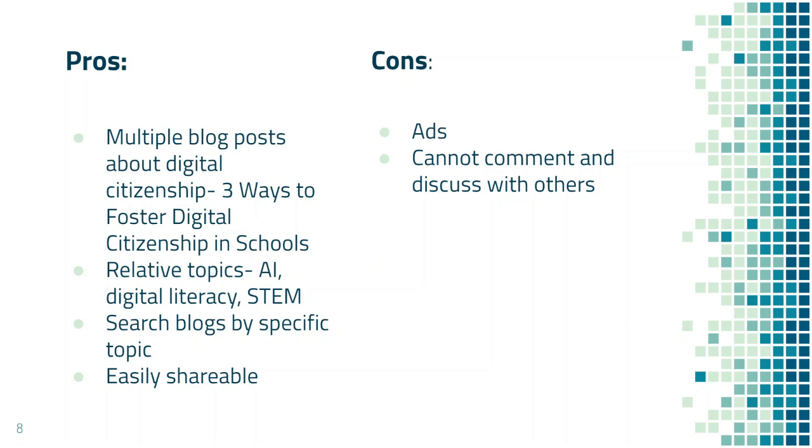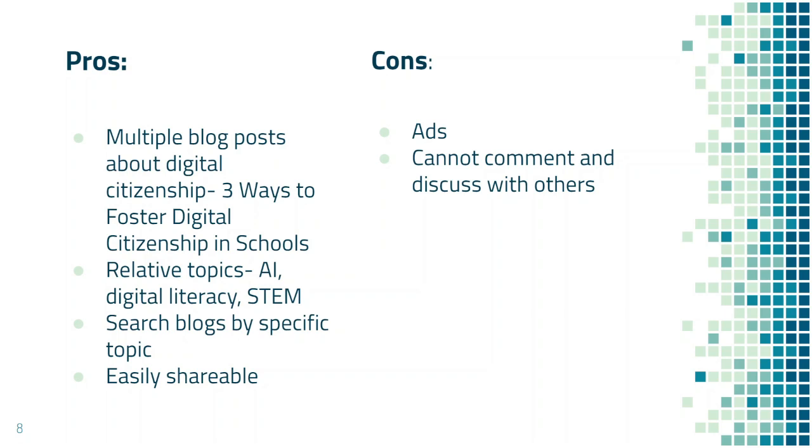Moving on to pros and cons on the blogs of the ISTE website. Starting with the pros, I noticed multiple blog posts specifically about digital citizenship. And one of those blogs was titled 3 Ways to Foster Digital Citizenship in Schools.